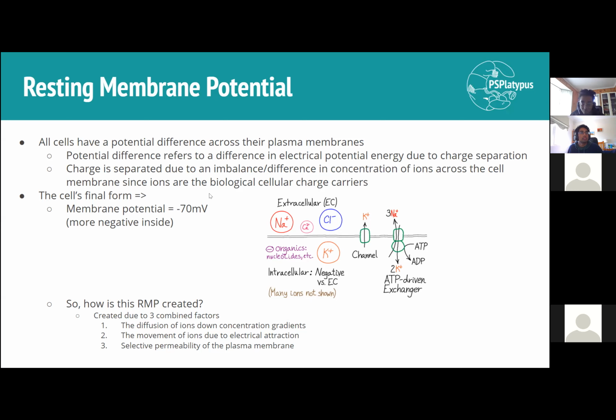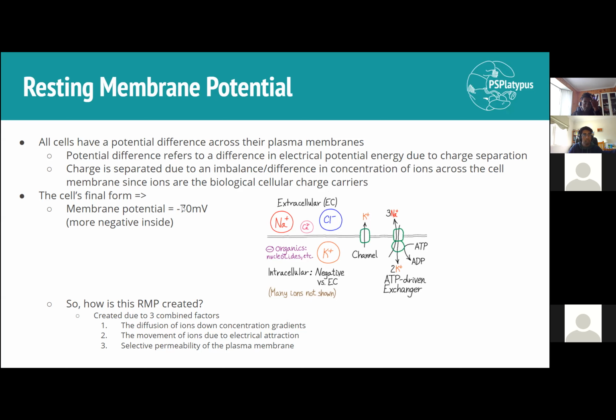And since ions are the biological charge carriers, we have an imbalance in charge. That leads to charge separation, which leads to a potential difference. Most commonly, the membrane potential you're going to have is negative 70 millivolts.